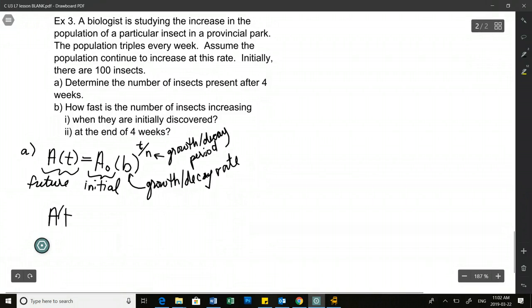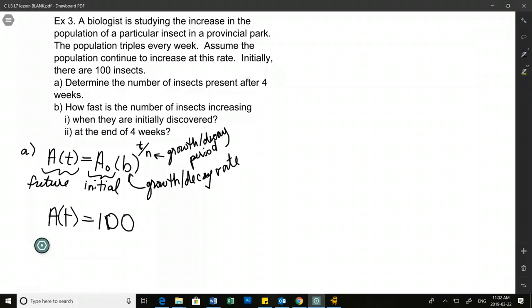Initial population is 100. Growth or decay rate here? Triples, yep, 3. Do we have the growth period? 1 week. So it'll be t over 1, which is just t.